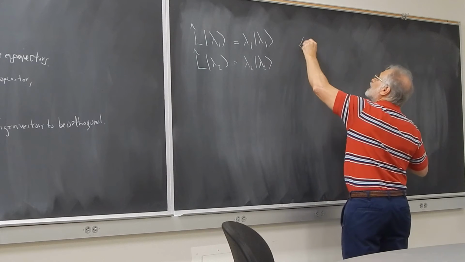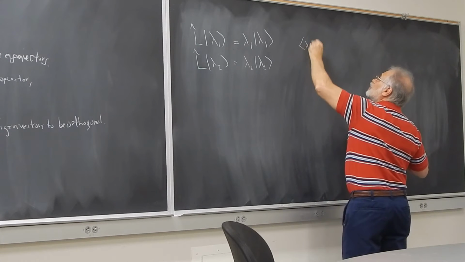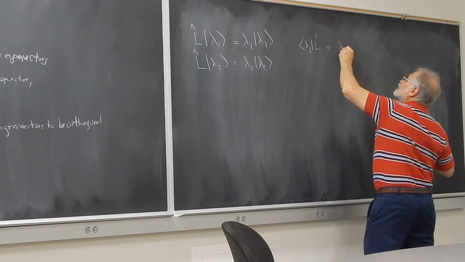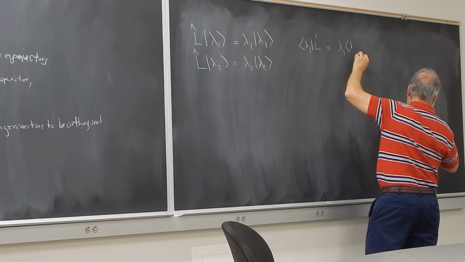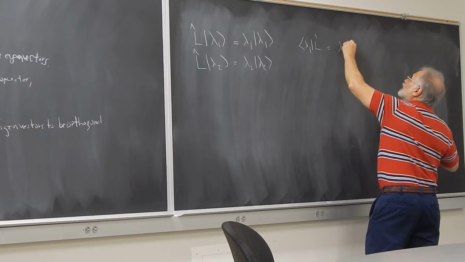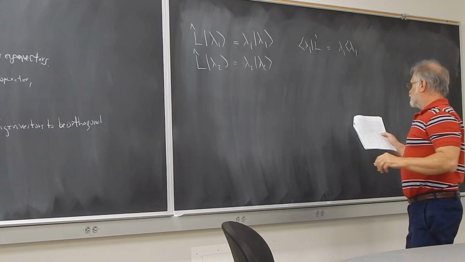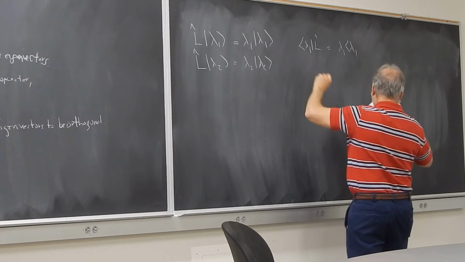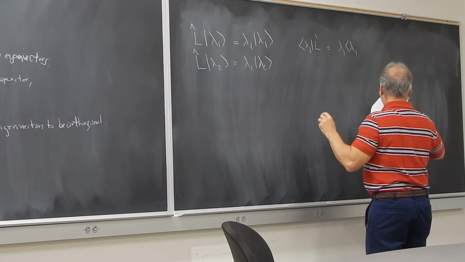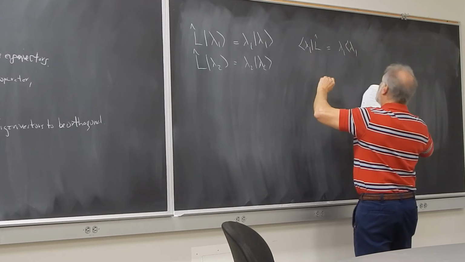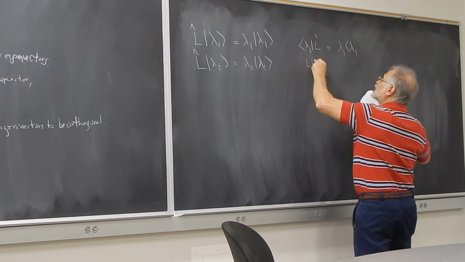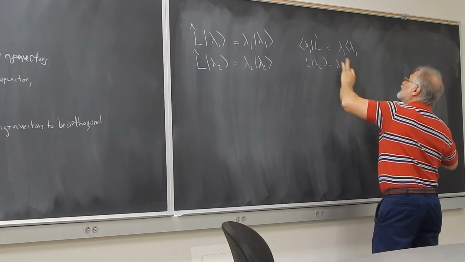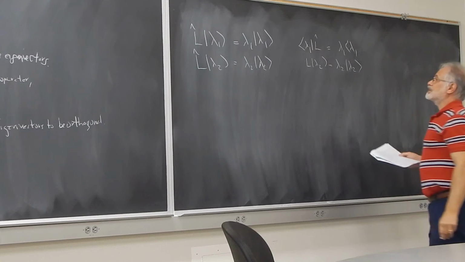So I can write bra lambda 1 L is equal to lambda 1 times bra lambda 1. And by the same token, I can do L ket lambda 2 is equal to lambda 2 ket lambda 2. Put them together.